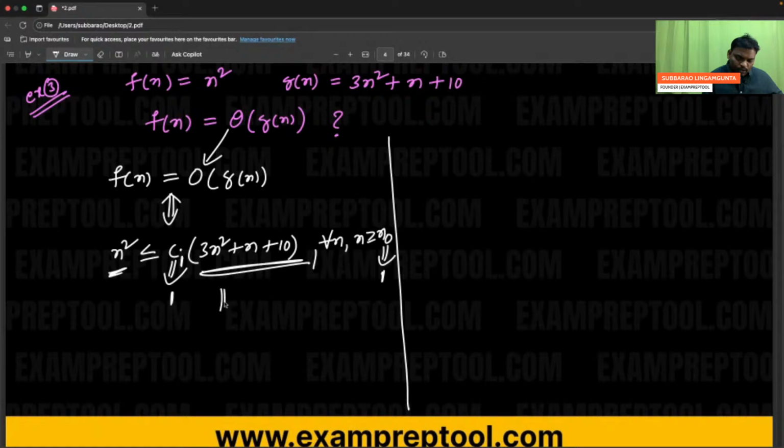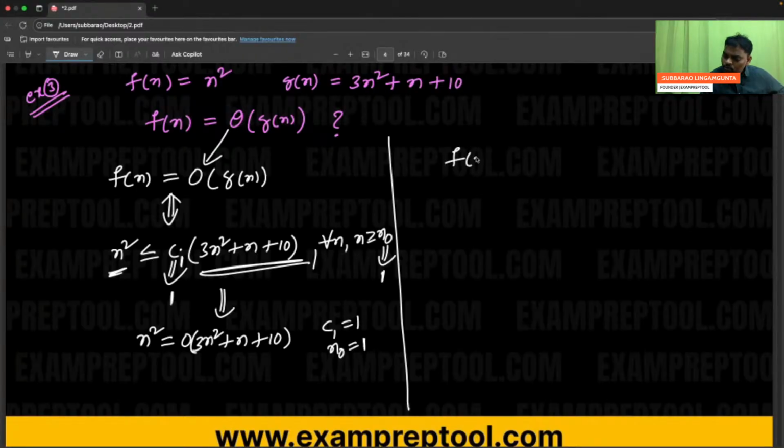Big O is confirmed: f of n, n square, is big O of 3n square plus n plus 10, where c1 is 1 and n0 is 1. Big O proved. Let's go to omega, which is going to be tough. Let's prove f of n is omega of g of n.